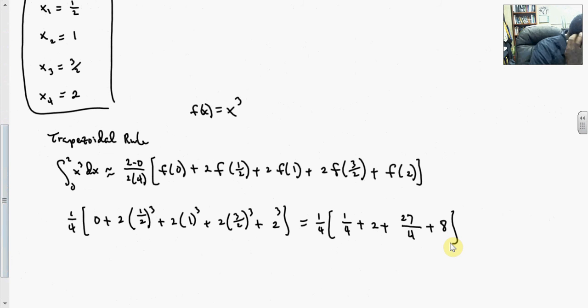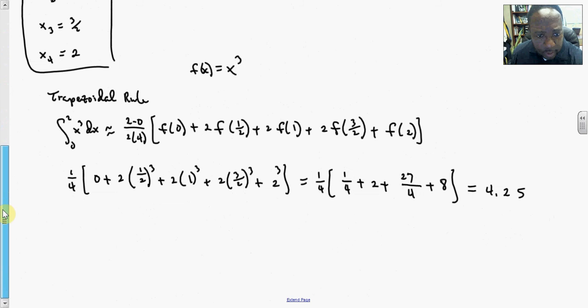Now on our calculator, let's make sure we have everything correct. When you plug that in, just on a regular calculator, that gives you 4.25. So that's for the trapezoidal rule.